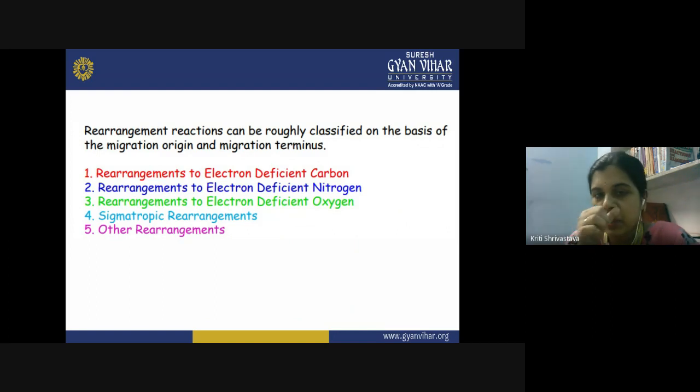On this basis, these reactions can be divided into five groups: rearrangement to electron deficient carbon, rearrangement of electron deficient nitrogen, rearrangement to electron deficient oxygen, sigmatropic rearrangement, and other rearrangement reactions. Among these five categories, the first two we have already discussed, and the remaining three we will discuss in this lecture.